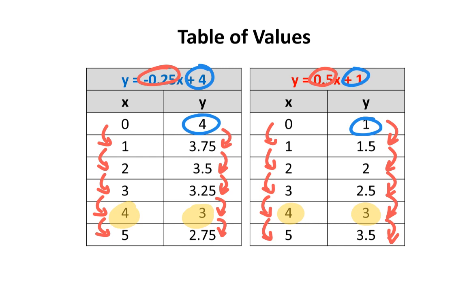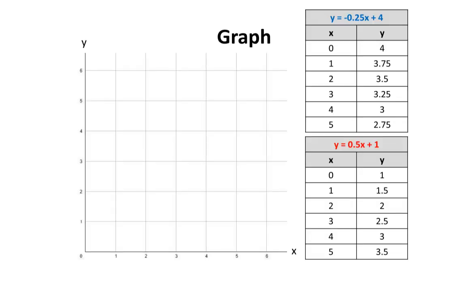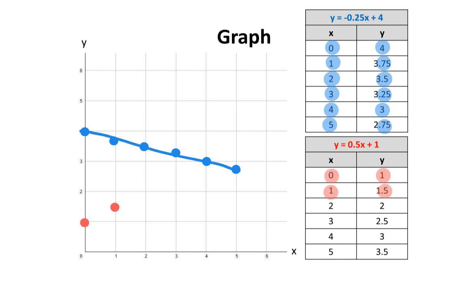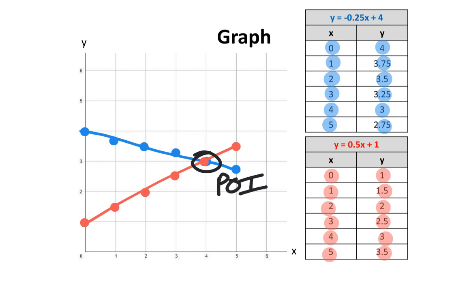But another way of finding a point of intersection is with a graph. I'm going to graph both these tables of values and I'm going to look for the point of intersection. The blue and red line meet right over here, which makes this the point of intersection.